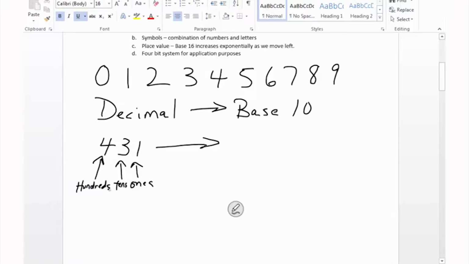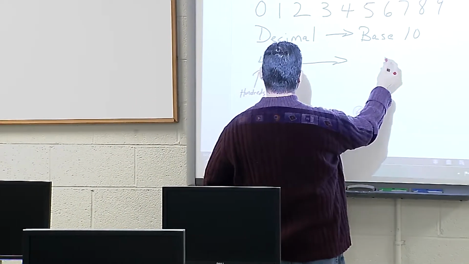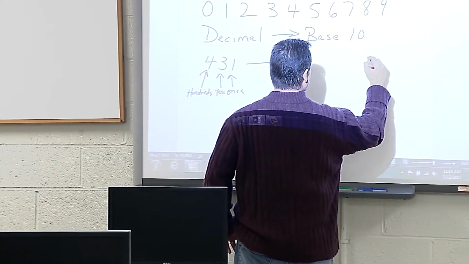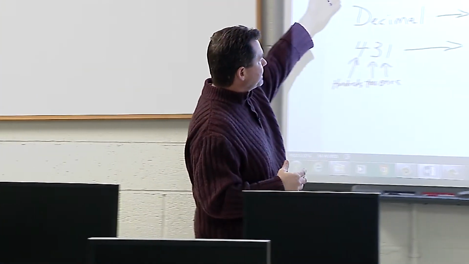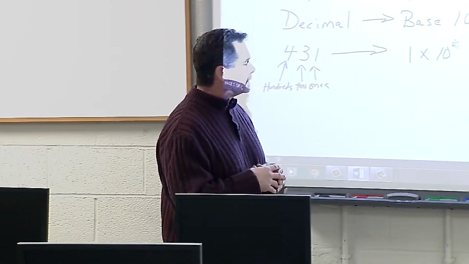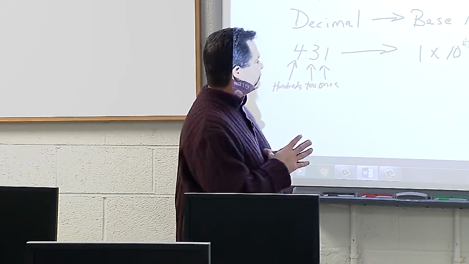Now, we define these using exponents. So the 1 is basically described as 1 times 10 to the 0. Now, where does that 10 come from? What does that mean? Well, it's a base 10 system. So we multiply it by some factor of 10.